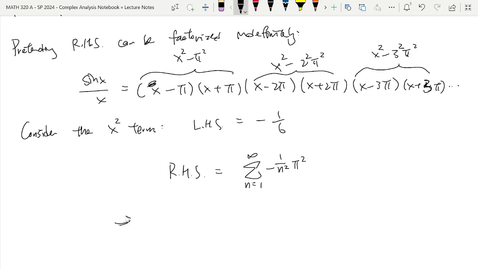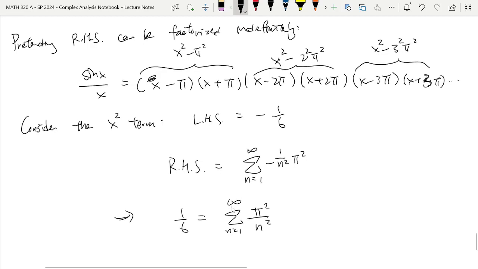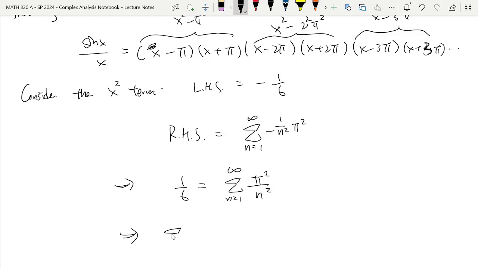So in other words, 1 over 6 equals the summation of 1 over n squared pi squared, n from 1 to infinity, or the summation of 1 over n squared, n from 1 to infinity, equals pi squared over 6.